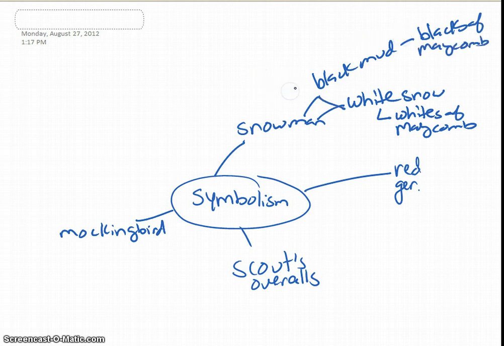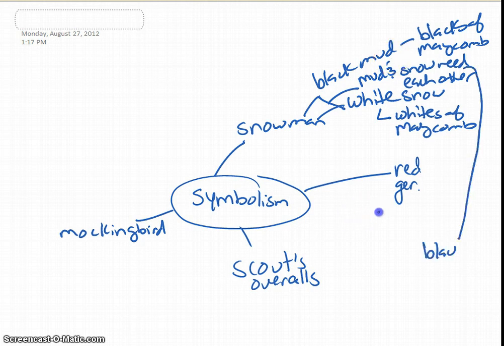And they have to be used together because there's not enough snow to make a snowman on its own. So the mud and snow need each other. Okay, well, just as the blacks and whites of Maycomb need each other.